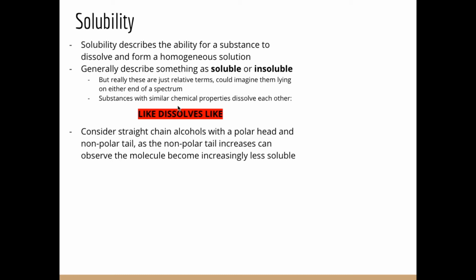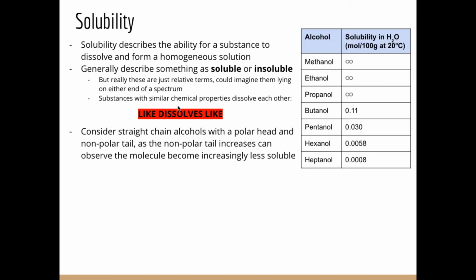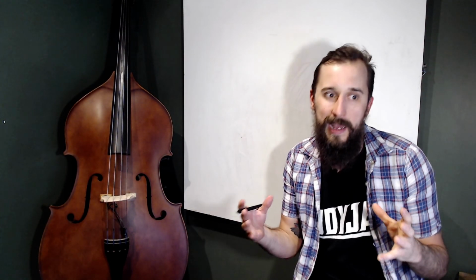increasingly less soluble. So if we look here, I have a bunch of alcohols where we're increasing the carbon length as we go down, and we can see the solubility in water. So we're talking about the moles per 100 grams of water at 20 degrees Celsius. So this is what I mean by soluble and insoluble are just relative. You know, we can change temperature, we can change the amount, the volume, and we can make something more or less soluble that way.